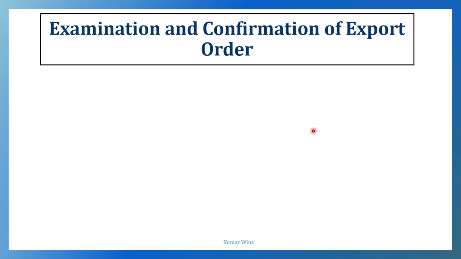Let me make it clear that acknowledgement of export order is not a legal requirement, but it certainly helps in creating business goodwill for the exporter. The exporter must carefully examine the contents of the order to see that there is no discrepancy between the export order and the export contract which has been agreed upon earlier. This export contract could be verbal or maybe in written form.